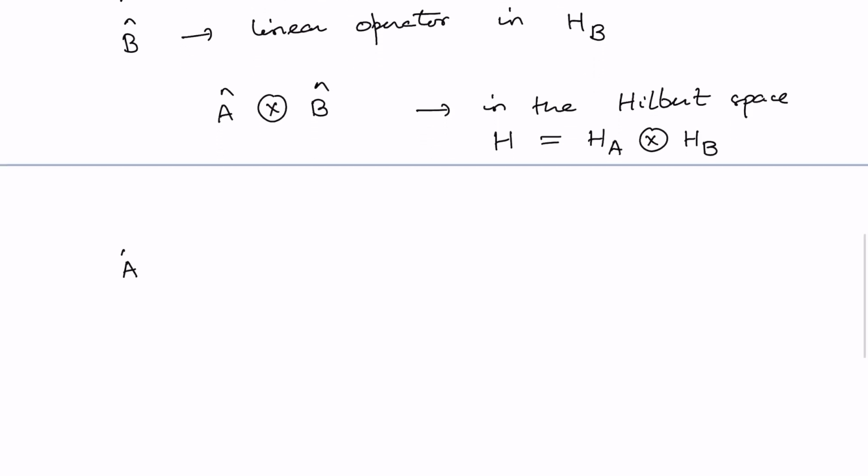Now when this composite operator A tensor B operates, it is going to operate on the basis state of the product Hilbert space.